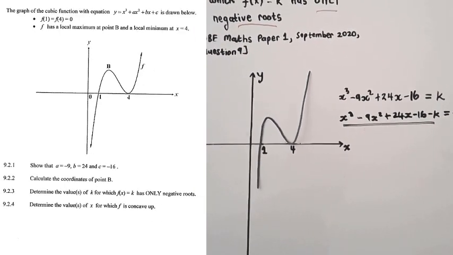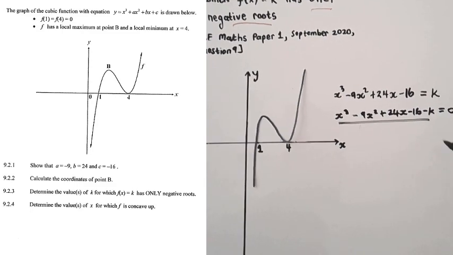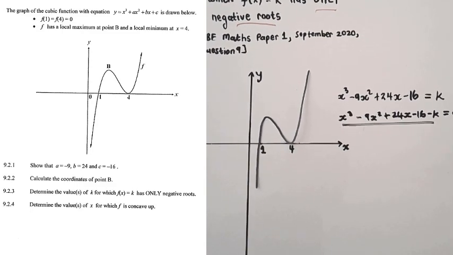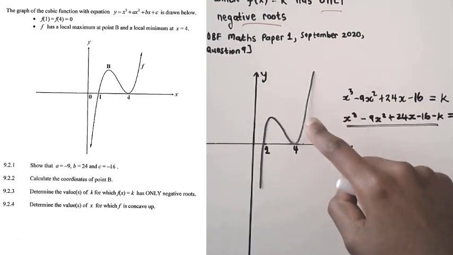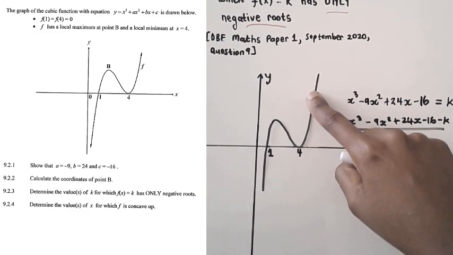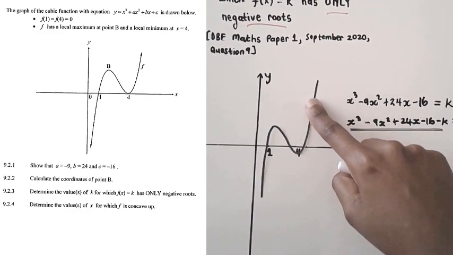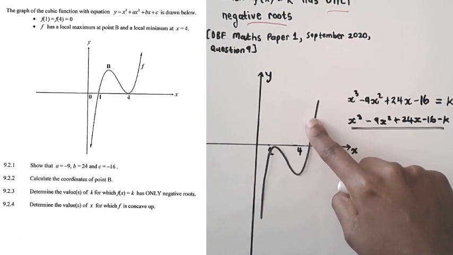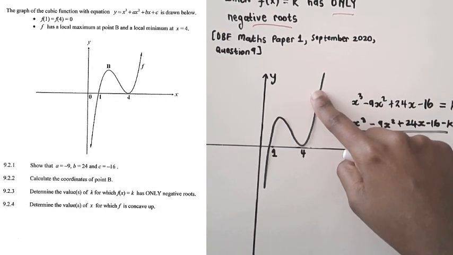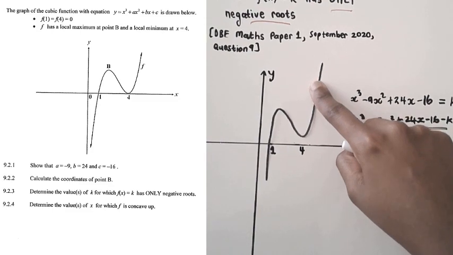So that now makes you aware of the fact that changing this k value is going to change your y-intercept, which basically comes from the function just moving up and down, depending on what k value you have.